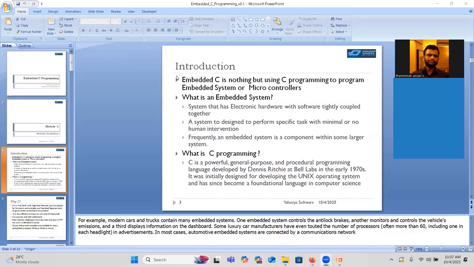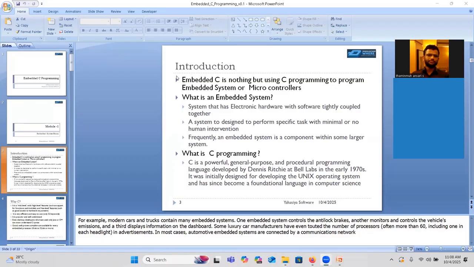So without that intermediary layer, the C program directly talks with hardware. If you use C programming for that, then that is called embedded C.